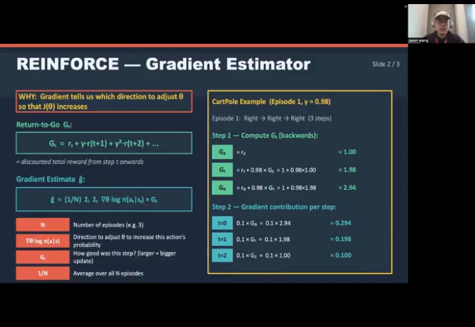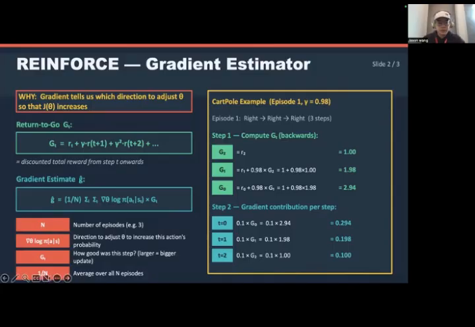Importantly, Python computes this automatically, so we don't need to calculate it by hand. And G sub t determines how big the update is. Better performance means a bigger update. And 1 over N averages over all episodes.